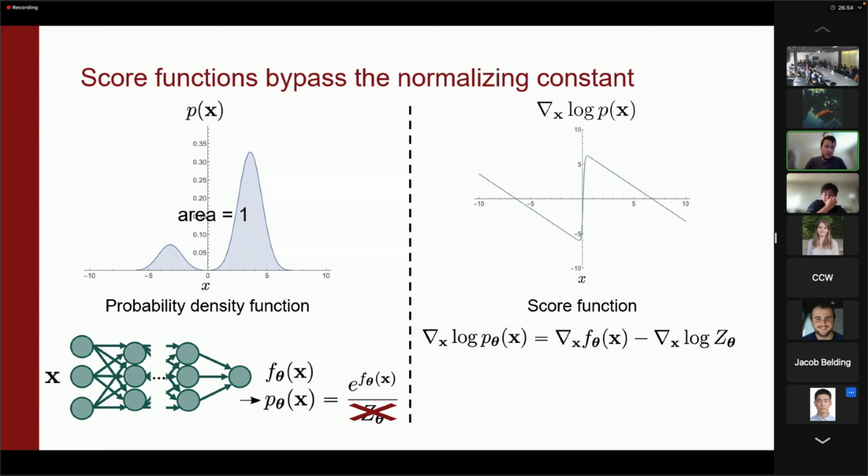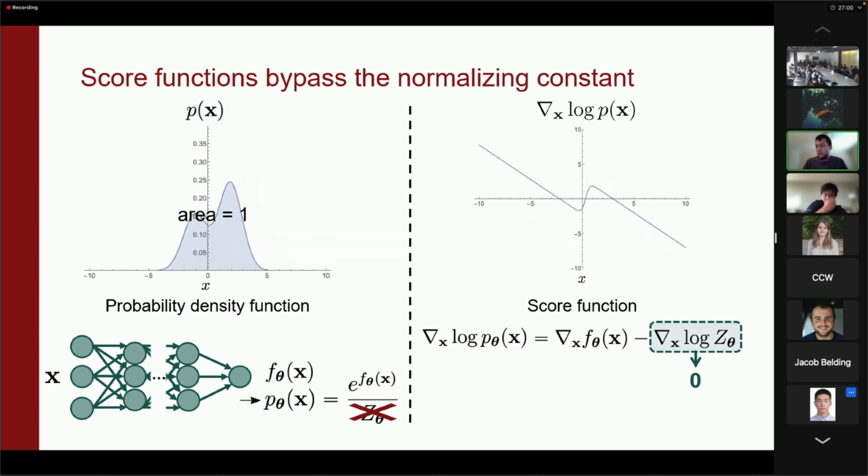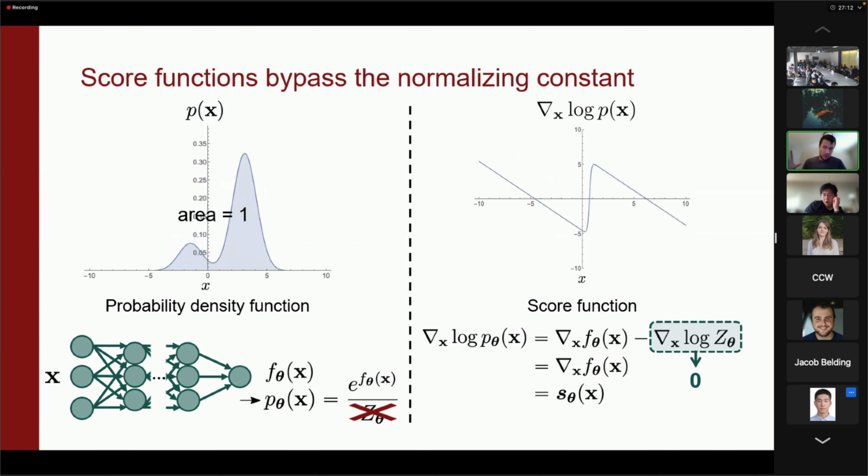The area under the curve is the same, regardless of the value of x. So when you take the gradient with respect to x, that evaluates to 0, and so it disappears. So we can see that the score function does not depend on the partition function, and intuitively it's going to be a lot easier to work with the score function instead of the probability density function itself.